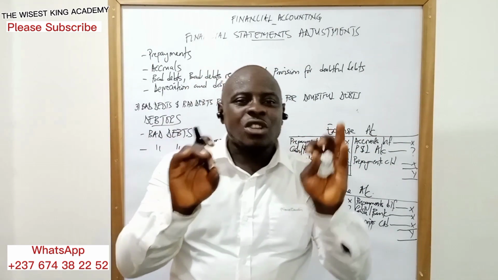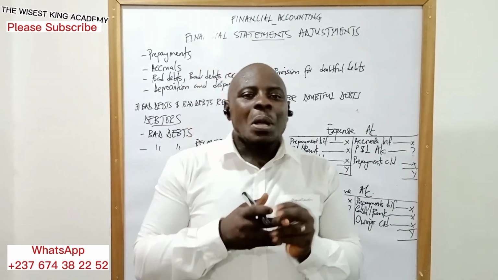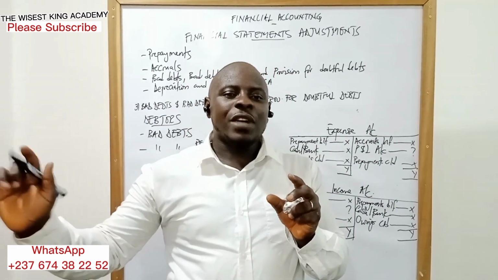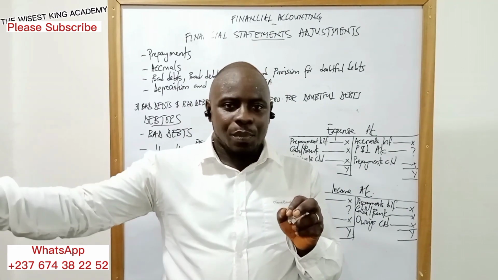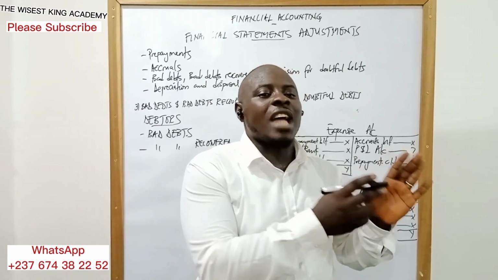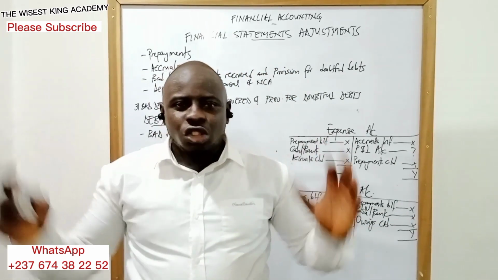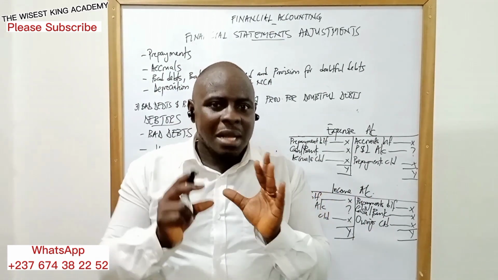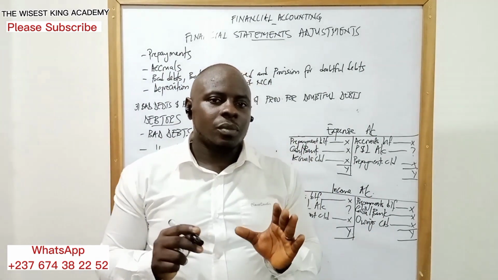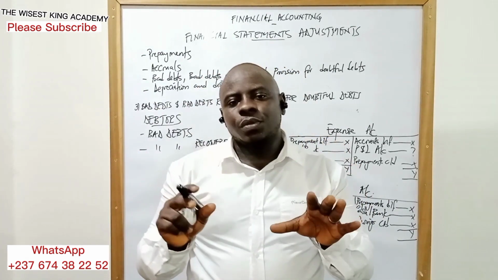But the net effect of bad debt recovered is this: you add bad debt recovered to the gross profit as an income, and you also add it under cash in hand or cash at bank. This is an adjustment that is rare in practice and in exams, but if it comes, this is what you should know.